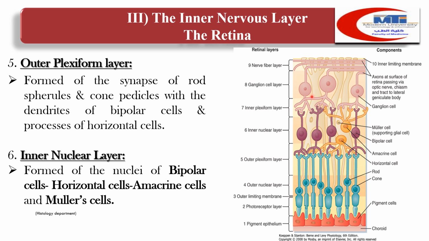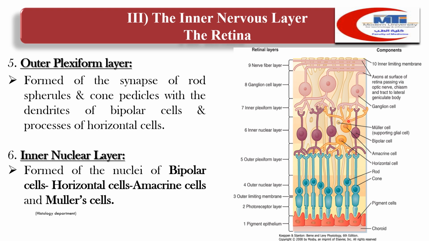The inner nuclear layer, this is the inner nuclear layer. As we see, it is formed of the nuclei of the bipolar cells. These are the bipolar cells, and these are the nuclei, and nuclei of the horizontal cells and amacrine cells.